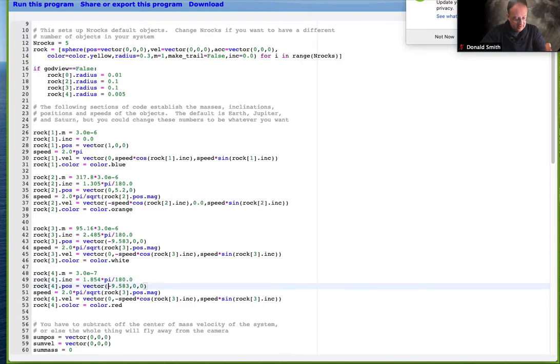And then its position. So I'm not trying to start these in realistic positions, except insofar as the distance from the Sun is accurate.